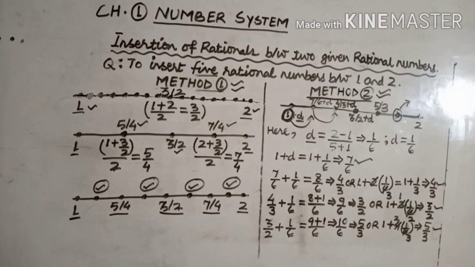They could be different from each other as well, but the necessity is that all the rational numbers calculated must lie between both the given rational numbers exactly. That's it.